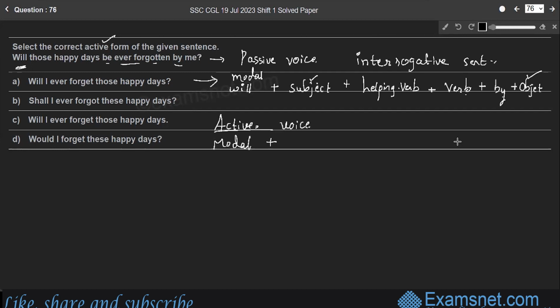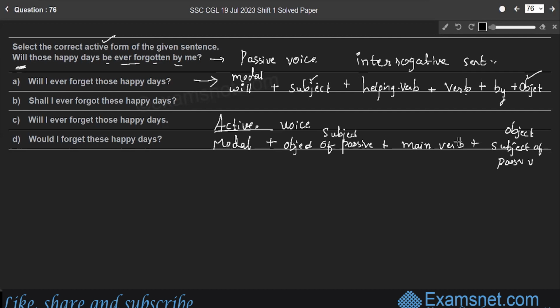Then comes the object of passive voice, which is the subject of active voice. Then comes the main verb. It is a straight sentence. Therefore, after the subject, there comes the main verb. Then comes the object. Here the object is the subject of passive voice.